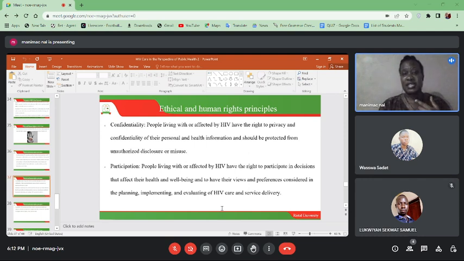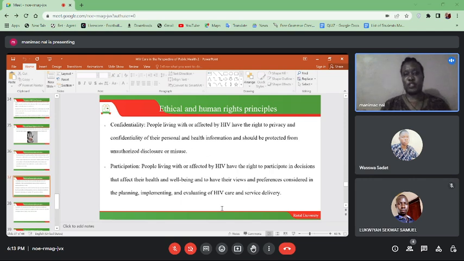In confidentiality, we must keep the privacy, secrets and information of our clients. We shouldn't disclose the information they have told us. Even if this person is your friend or your sister, you shouldn't disclose the information to other individuals.